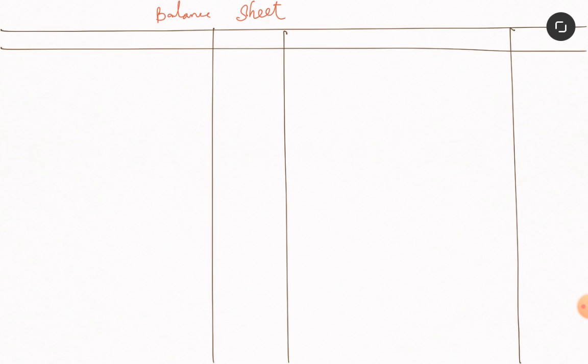Next, let us start with the preparation of your balance sheet. The balance sheet title will be Balance Sheet of A and B as on 31st of March 2015. Okay, so let's start with your liabilities side. On your liabilities side, you have capitals as usual. So capitals, and you have two continuing partners, A and B. Partner A and B are sharing equally, and their amounts are also equal, which is 79,660.